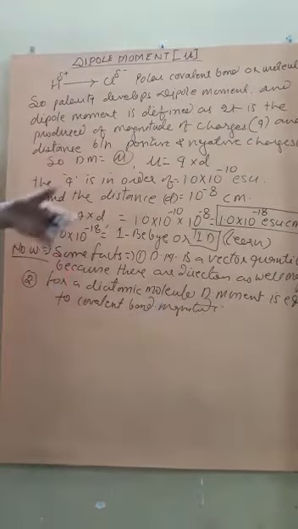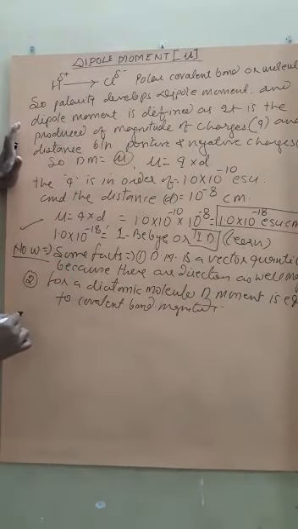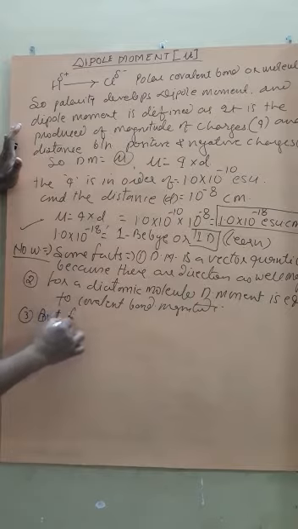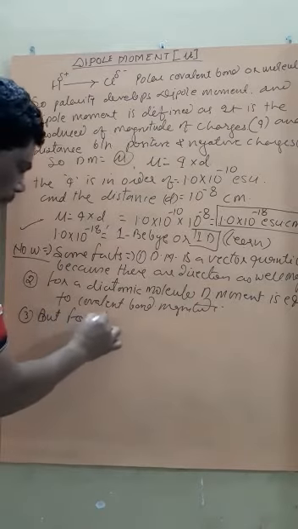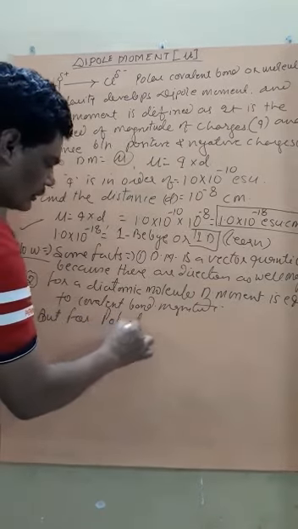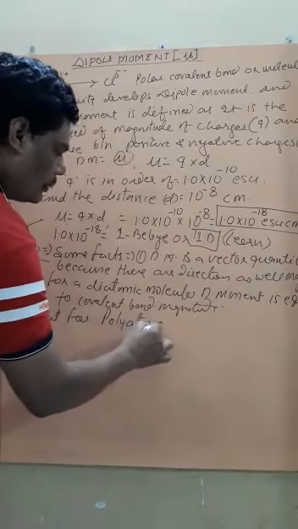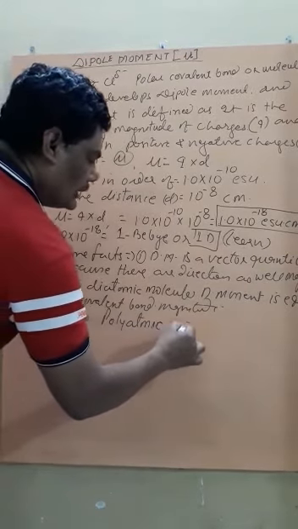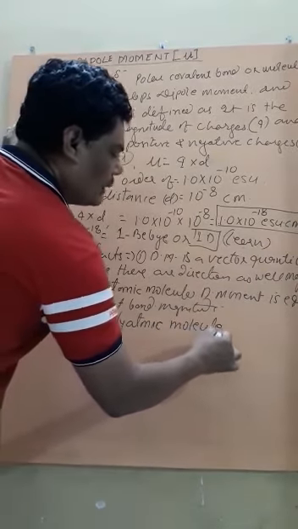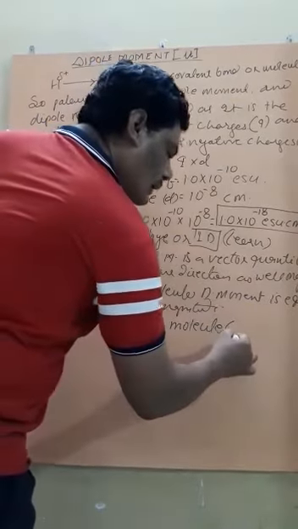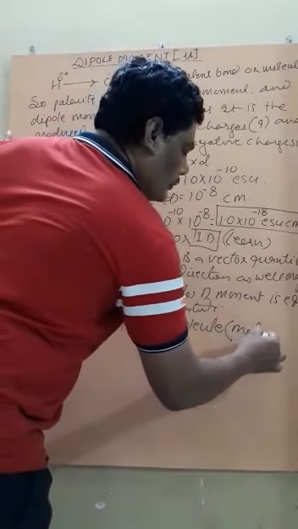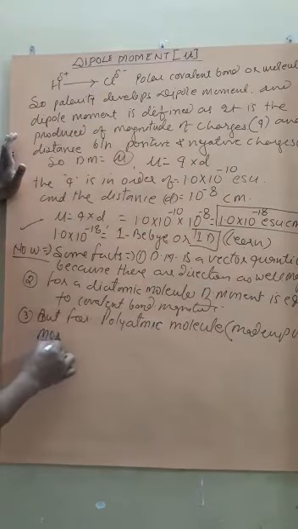Are you getting? That is, there is no change. But for a polyatomic molecule, what is the meaning of polyatomic molecule? Made up of more than two atoms.